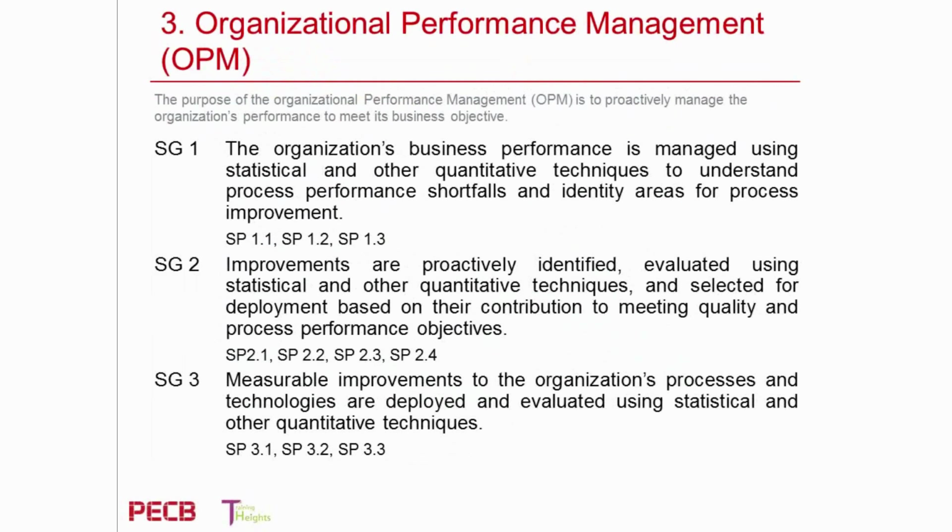The next one is what we refer to as organizational performance management. Once again, a business has got to be clear with regards to performance management. How do you measure performance? Have you adopted a methodology like balanced scorecard to measure performance within the business? How do you define KPIs and CSFs and things like that?